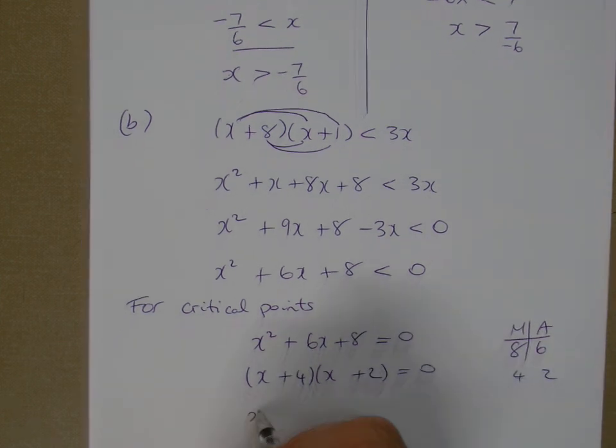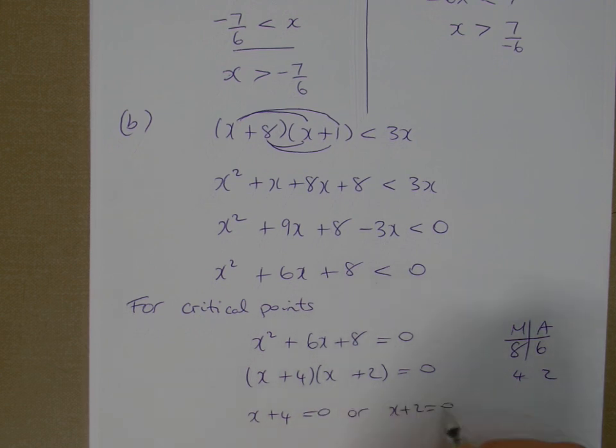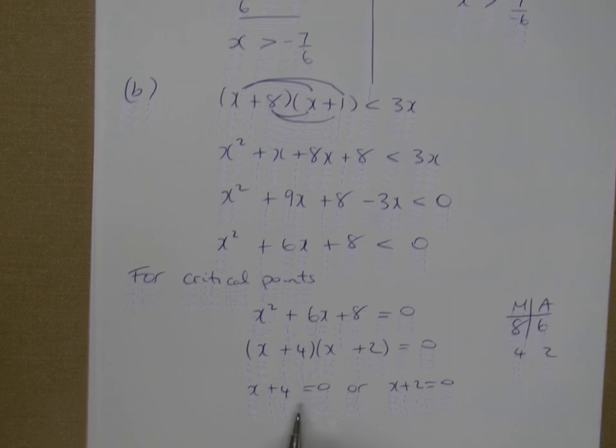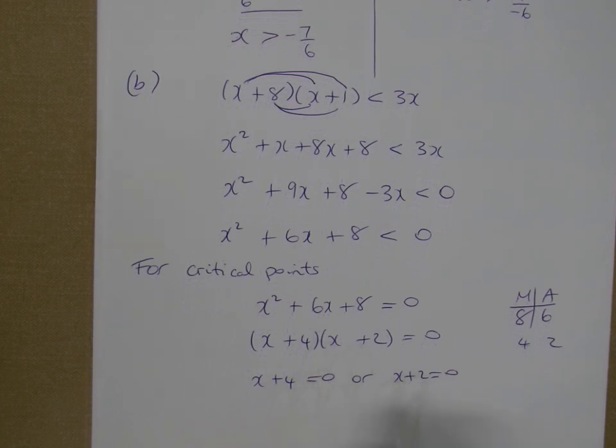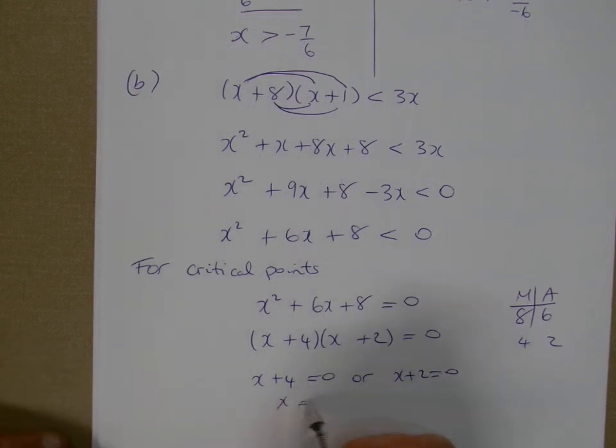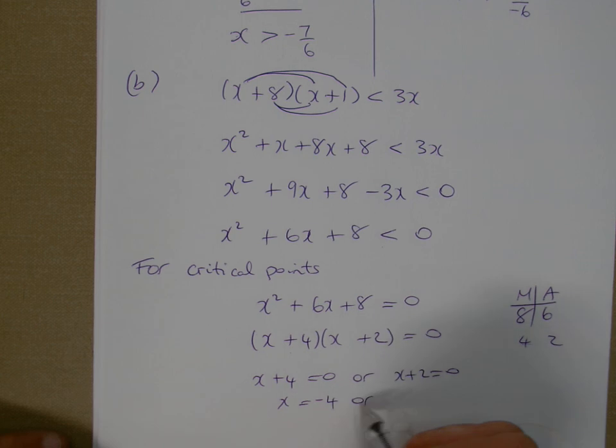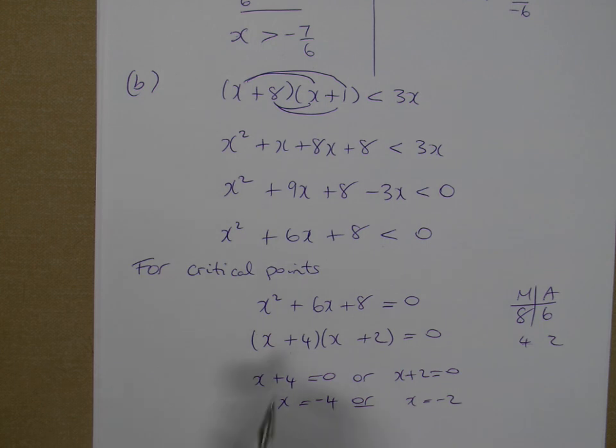So that means I've got x plus 4 is equal to 0, or x plus 2 is equal to 0, okay? And that means, because you've got two brackets times together equal to 0, one of them is equal to 0. So that means x is equal to minus 4, or, it's important you have that word or there, x is equal to minus 2, okay? And you take it over to the other side.